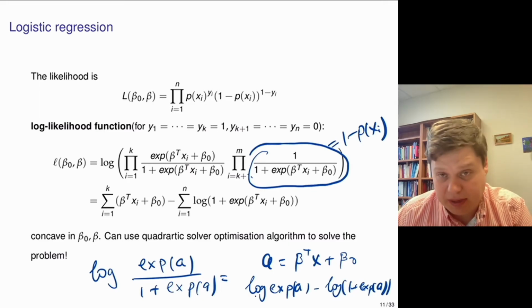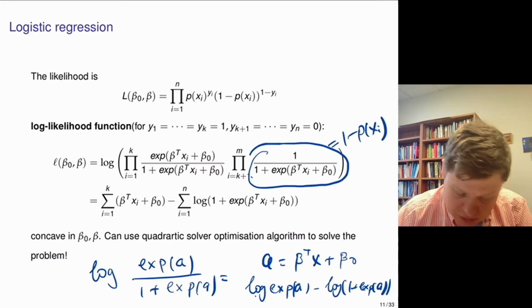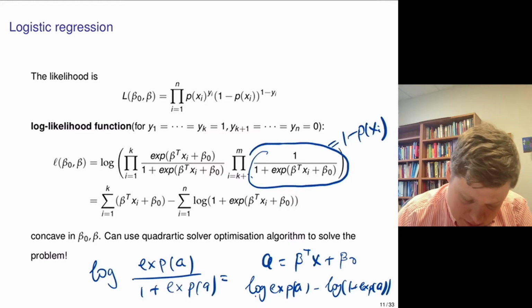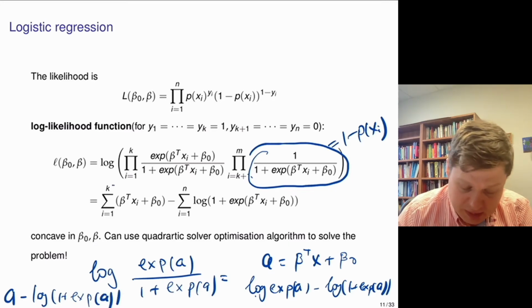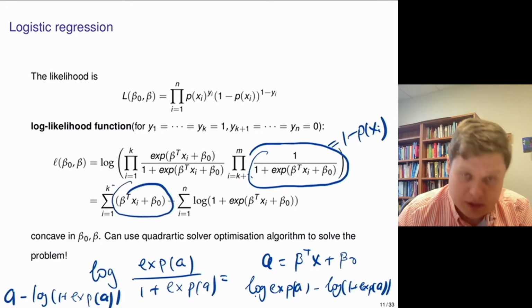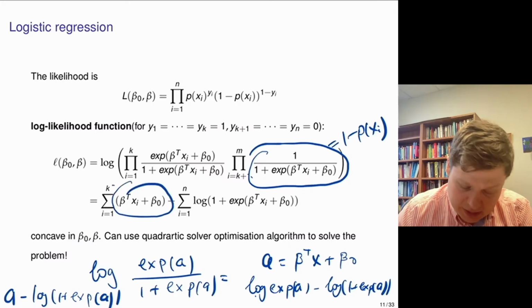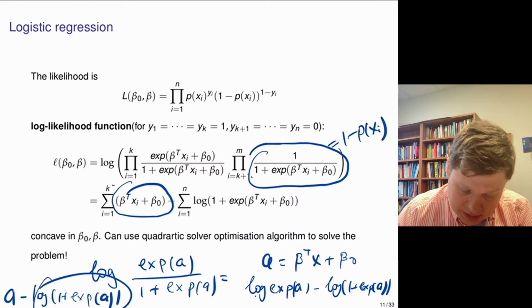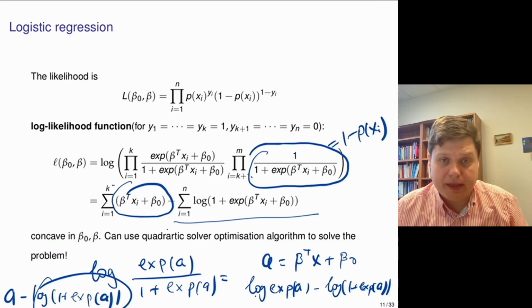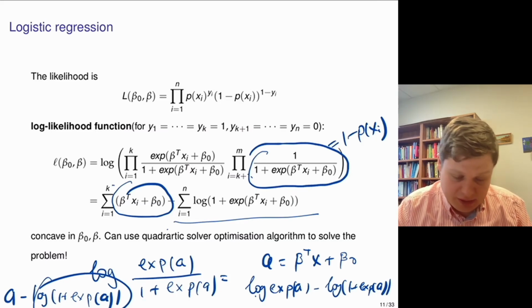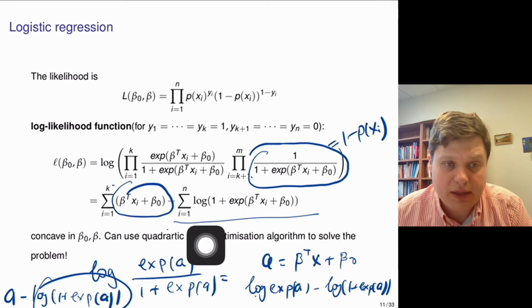The log and exponent cancel each other, so we have here a minus the log of 1 plus the exponent of a. Okay, and then of course you sum it up across all the a's, and then this term basically gets into here. So that's the simplified algebraic formula for the likelihood.